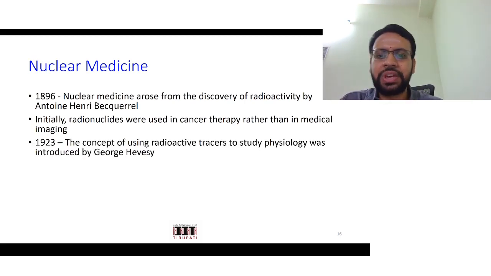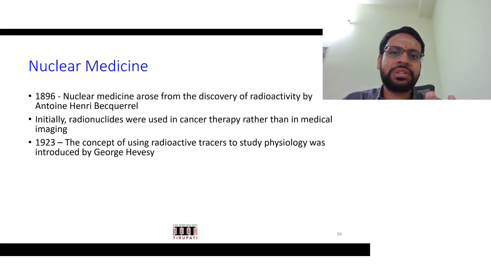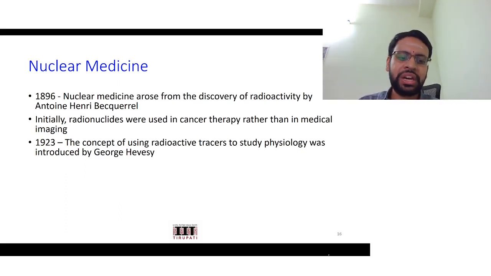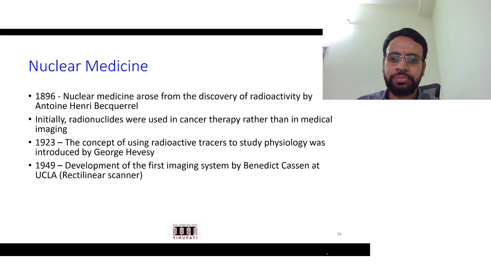Within the next 25 years, the concept of using radioactivity to study physiology was introduced by George de Hevesy. While X-rays are used for understanding structural information about the different structures in the body, nuclear medicine is used to understand the metabolic activity, or to study the physiology, of the body. So they are in a way complementary.